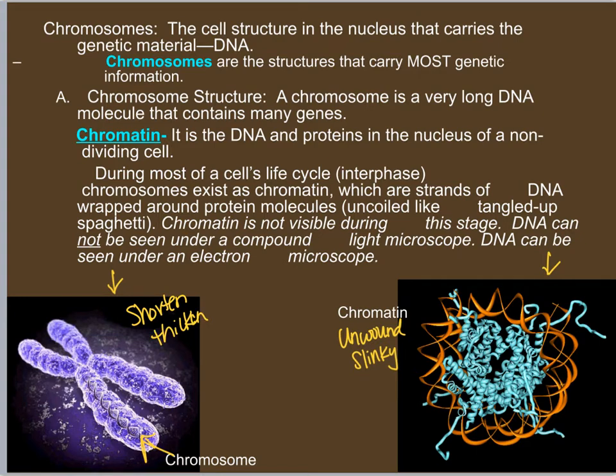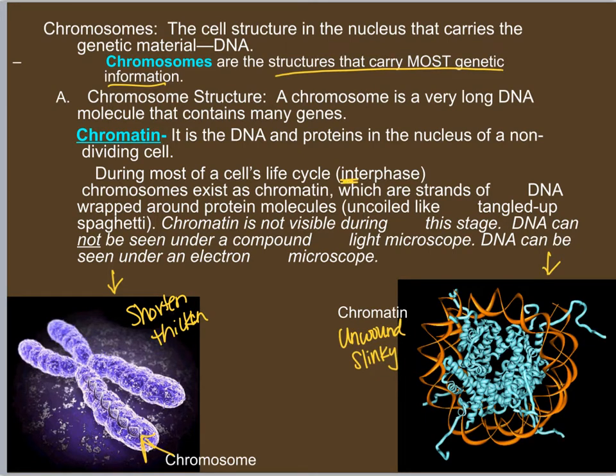If you push the slinky in, then you would get your chromosome. So for this reason, you see the genetic information on the chromosome. Now chromatin is DNA, but you also have some proteins in there with the chromatin.